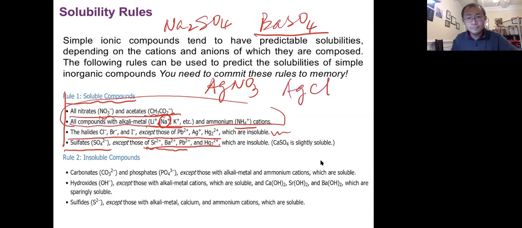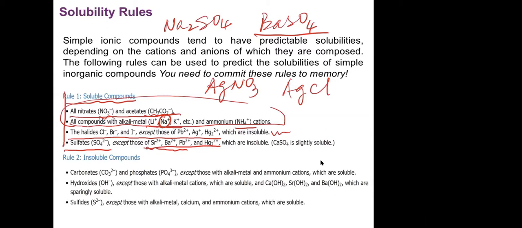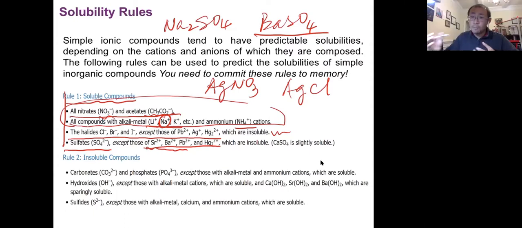Soluble? No. Why not? Because halides are soluble except those with silver, and chloride is a halide. Halides are soluble, but silver is an exception. So silver halides are not soluble.